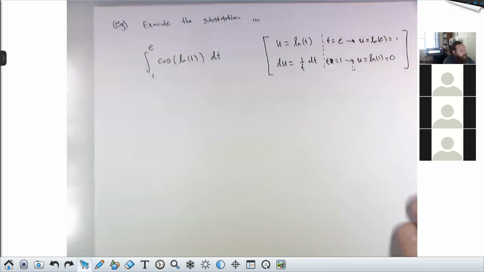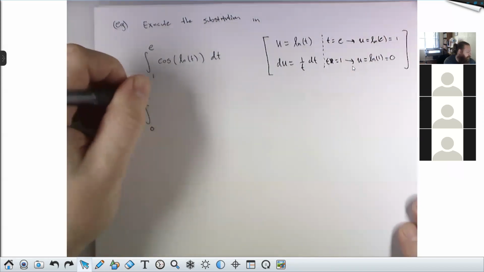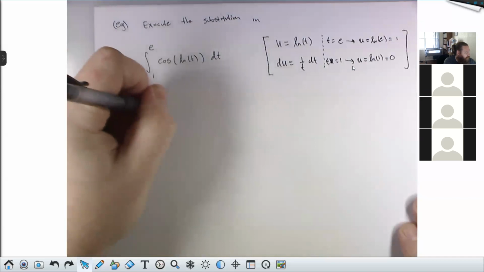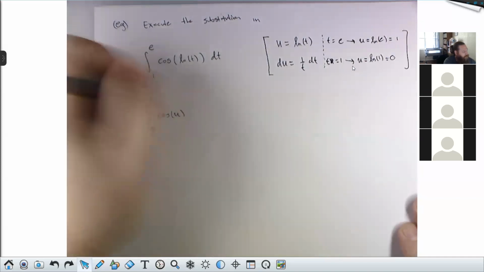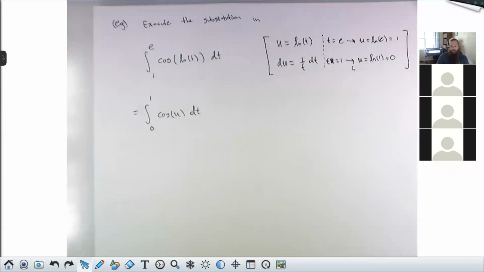Okay. So my new integral would be an integral from 0 to 1 of the cosine of u. Oh, but I still have this dt here. So what should I do now? I heard a few ideas, right?